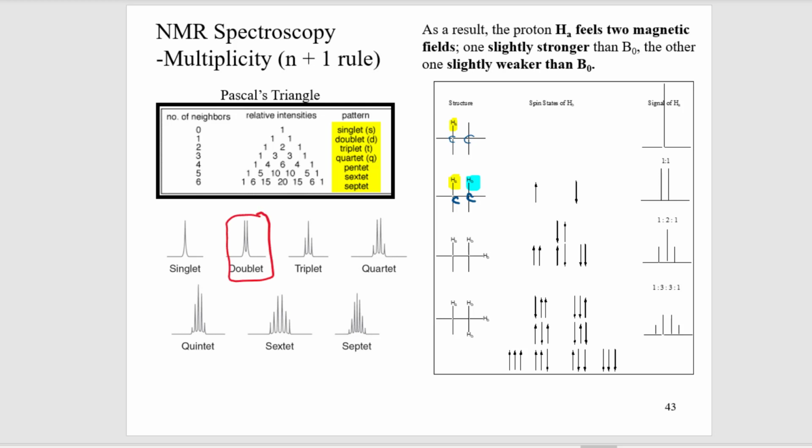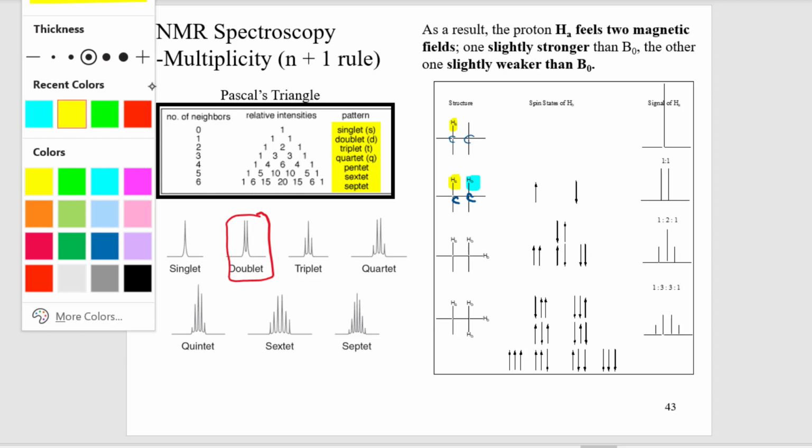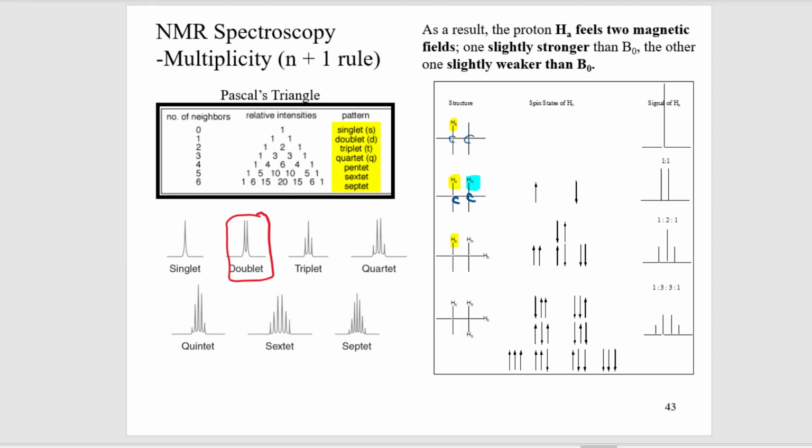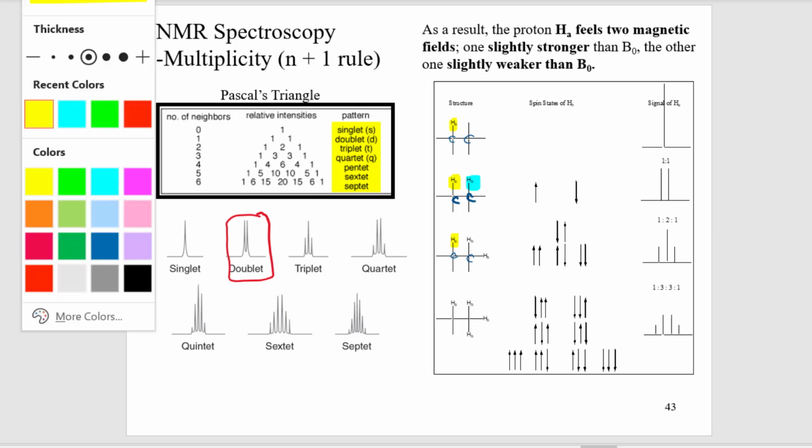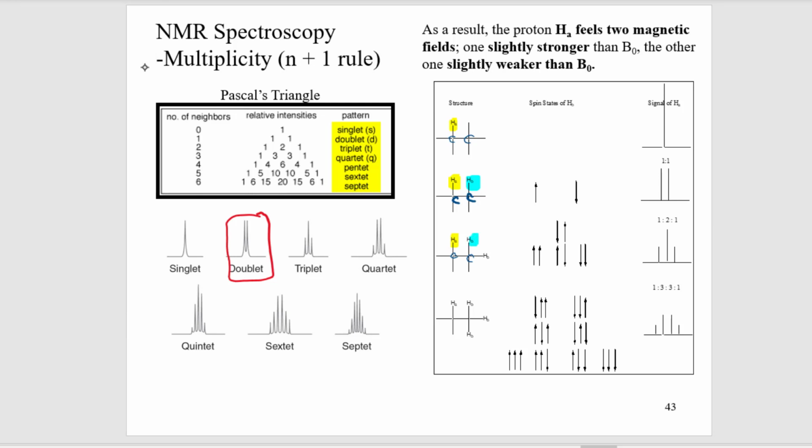How about if we had HA on a carbon, and in the carbon next door, there were 2 hydrogens in that environment. So there are 2 neighbors in the carbon next door. Here are all the statistical possibilities. The neighbors could be both up. The neighbors could be both down. One of them could be up and one of them could be down, or vice versa.